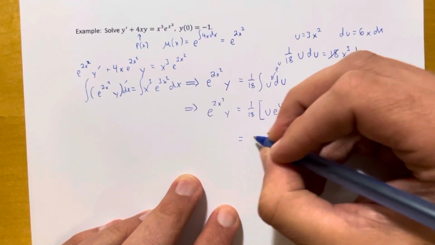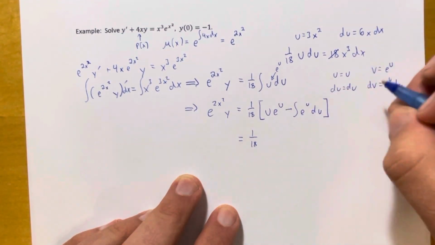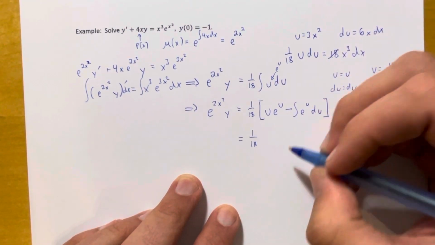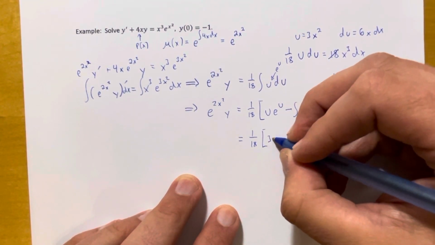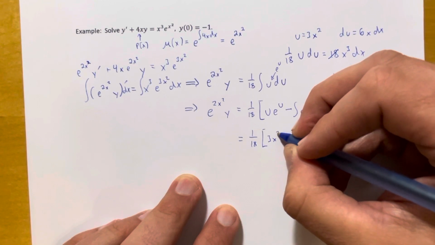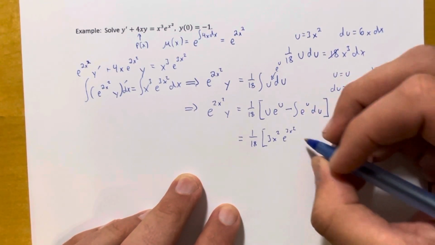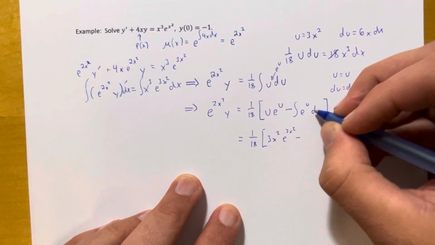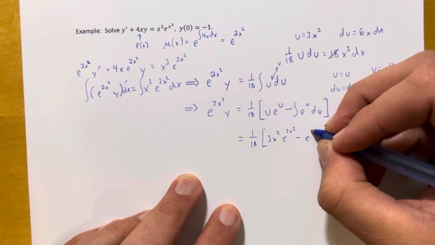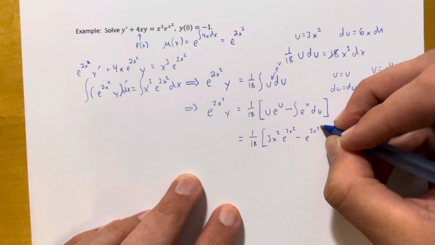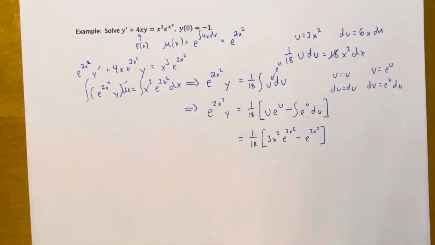That's easy to solve. I get 1/18. Substituting 3x squared back in for my u's here, I'm going to get 3x squared e to the 3x squared minus, this integral comes out to just e to the u, so I get another e to the 3x squared there. Okay?